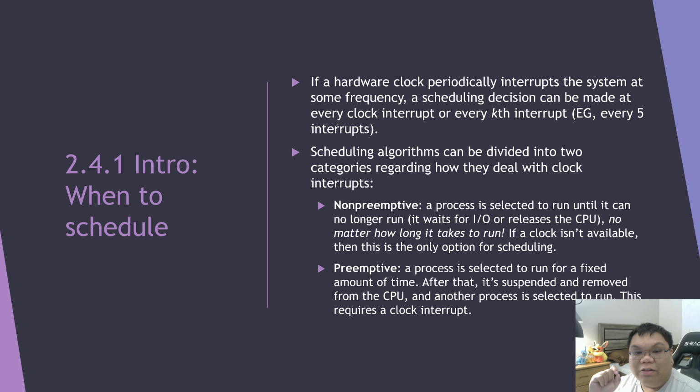There's a simple way we can do that, and that is to cause an interrupt every, say, 10 milliseconds. Or maybe we have a clock that goes off every 2 milliseconds, and every fifth interrupt, we make a scheduling decision. So, we have a clock, tick, tick, tick, tick, tick.